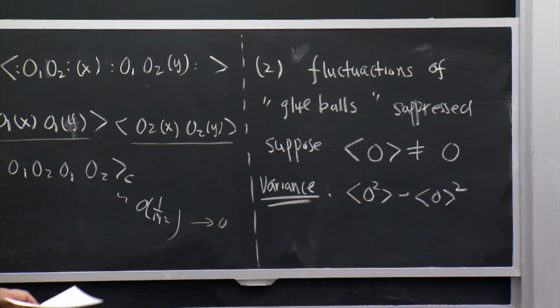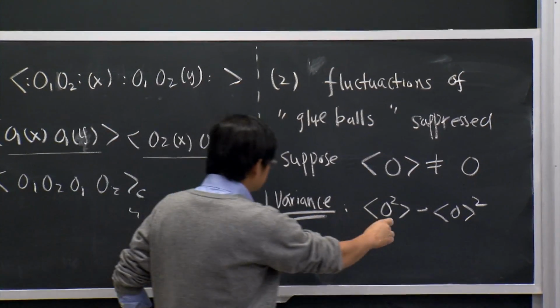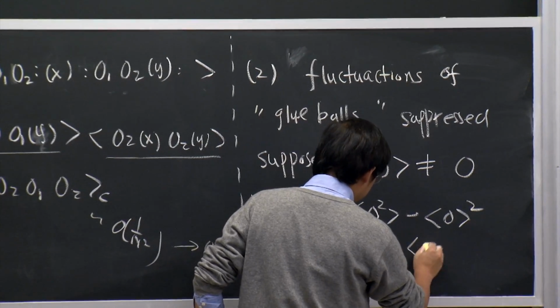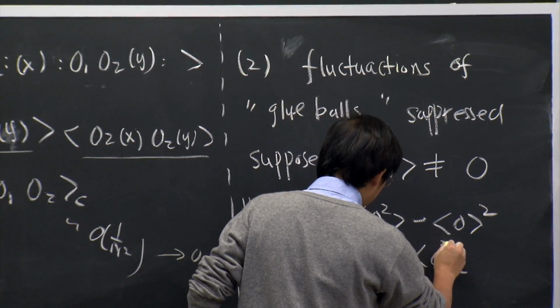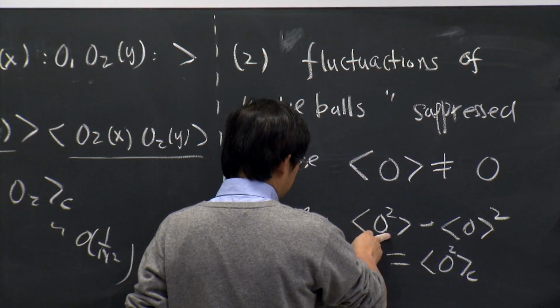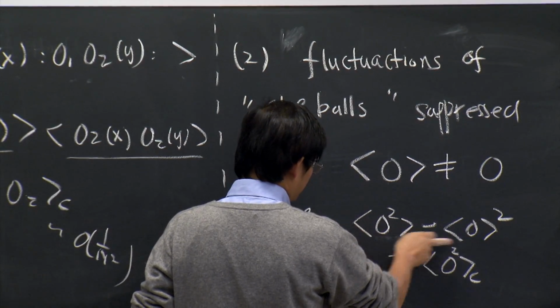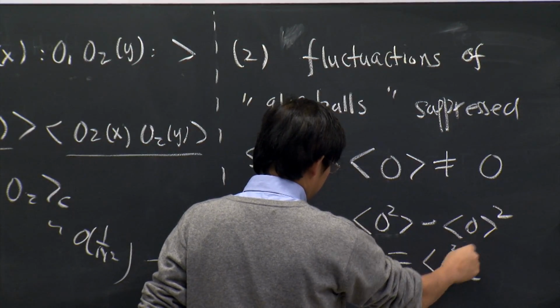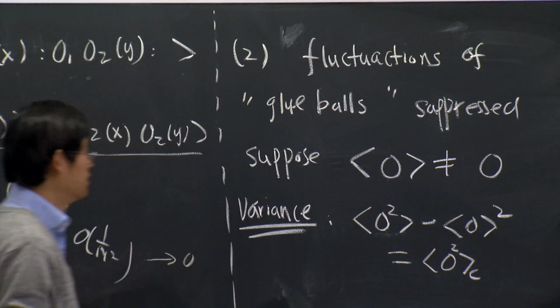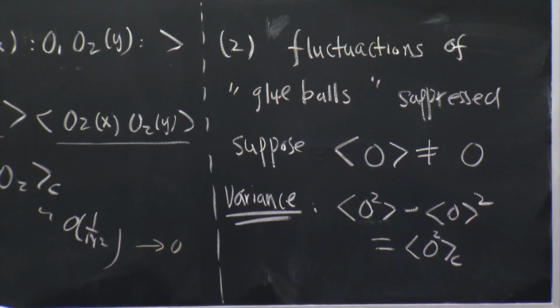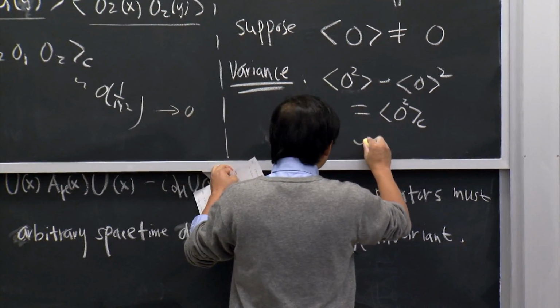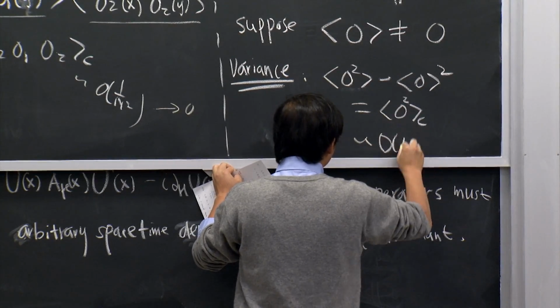By definition this is just the connected Green function of O squared, while this one is the full O squared. This one is the disconnected one. So this is just the connected part of O squared, and from large N counting, we know this is order 1, order N to the power 0.